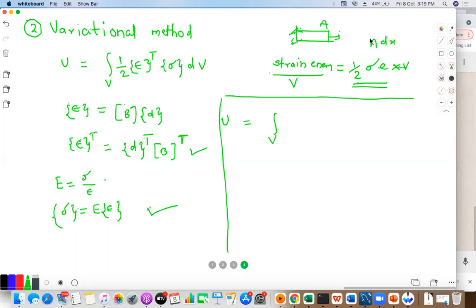Because area is constant, and I can write this way because area is constant.